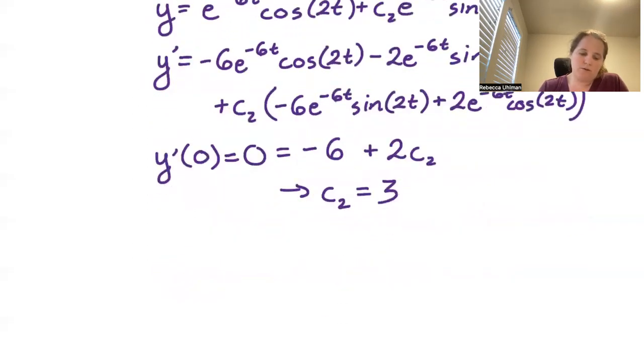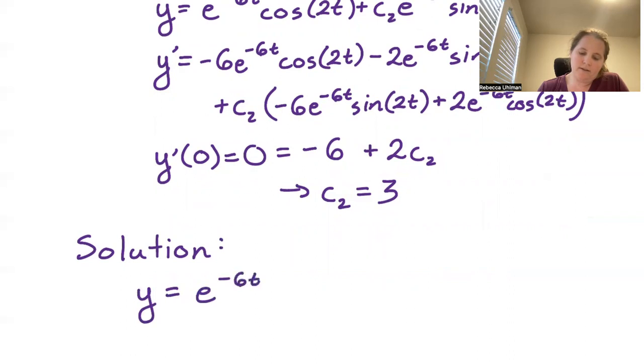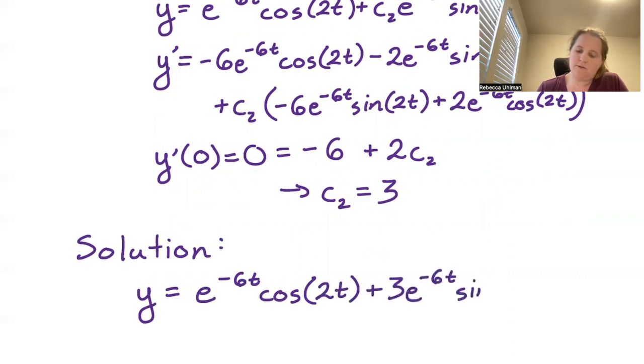And so our solution would be y is equal to, C1 was 1, e to the -6t cosine of 2t plus 3 e to the -6t sine of 2t.